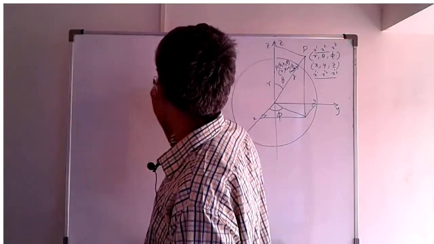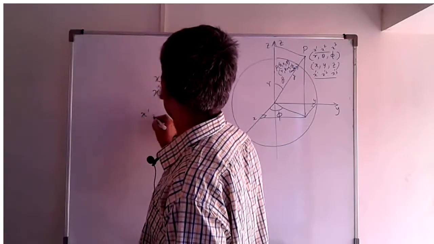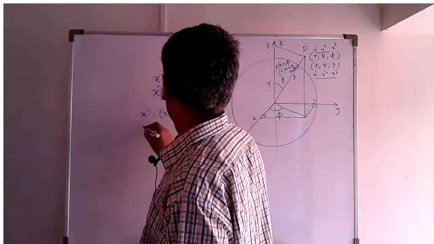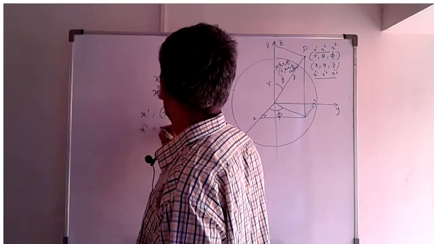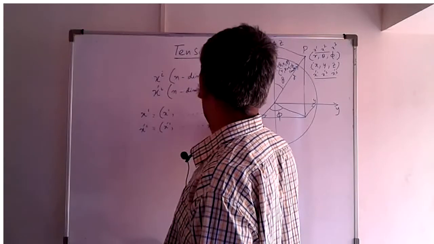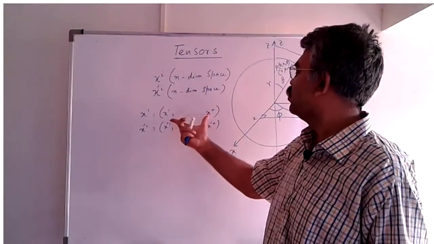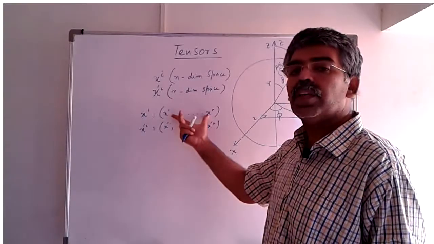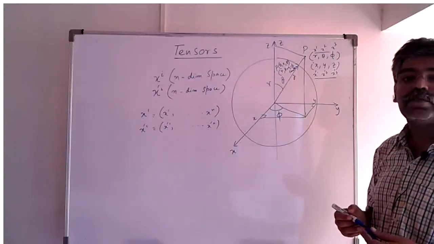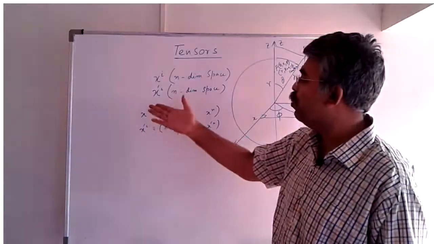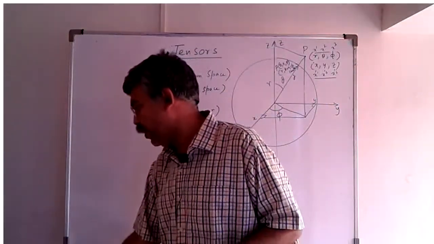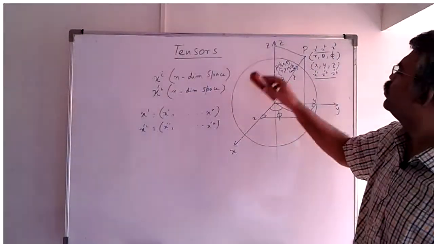In case of xi, it is x1 to xn. X prime i, it is x prime 1 to x prime n, and this set is uniquely defined, not like phi is anything. No, it has to be uniquely defined, and we will have a transformation between these two coordinates. Okay, fine. So this is one.